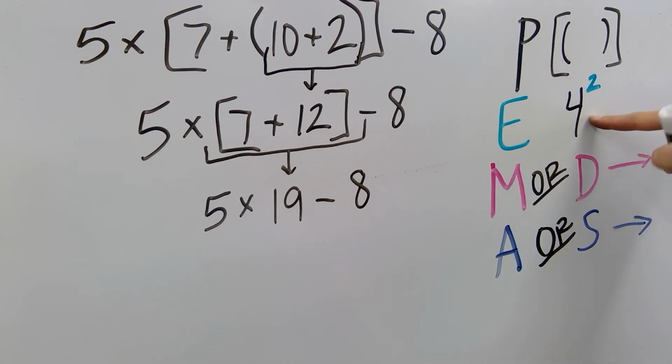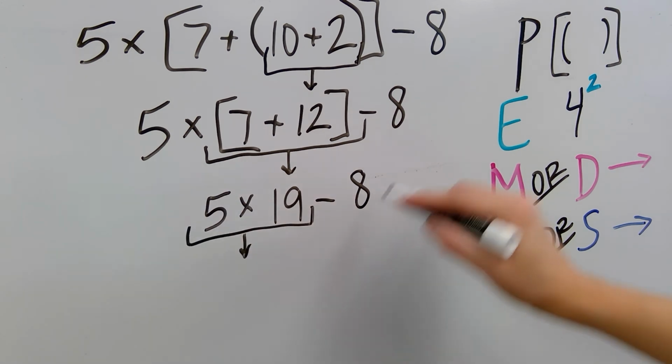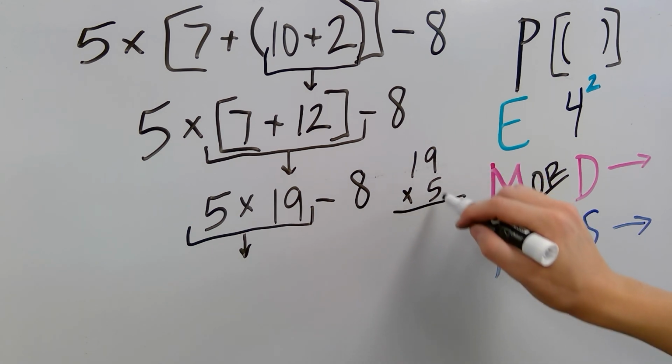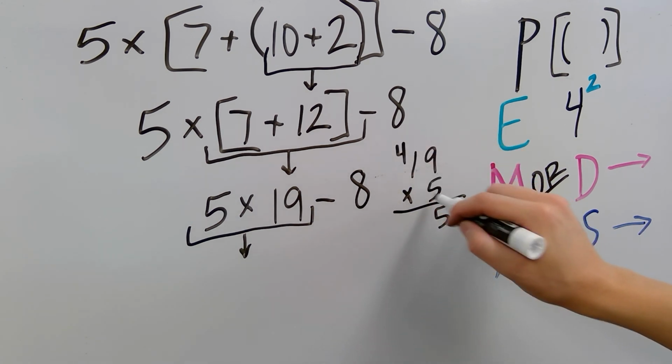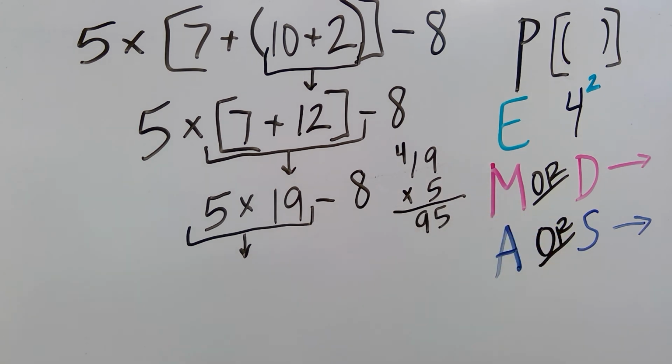Now I'm finished with my parentheses, so I can move on to my exponents. And I don't have any in this problem, so now I move on to multiplying or dividing, whichever comes first. I only have multiplying in this problem, so I need to do 5 times 19, so I'm just going to set it up over here. 5 times 9 is 45. 5 times 1 is 5, plus 4 more is 9.